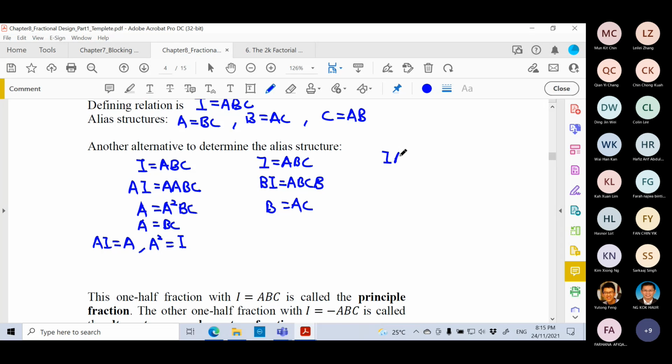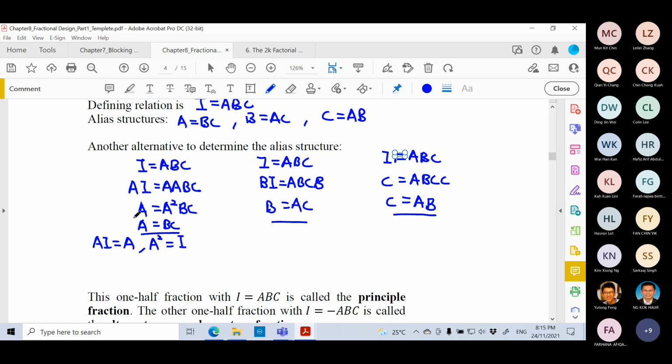The last one is I equal to ABC multiplied by C, so you have C equal to ABCC, so C equals AB. So we know that A is aliased with BC, B is aliased with AC, C is aliased with AB.